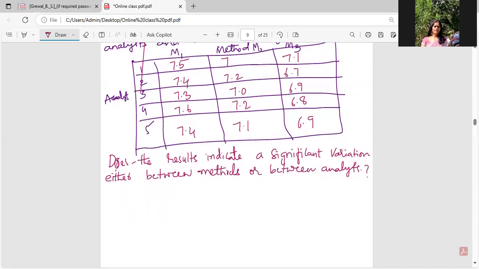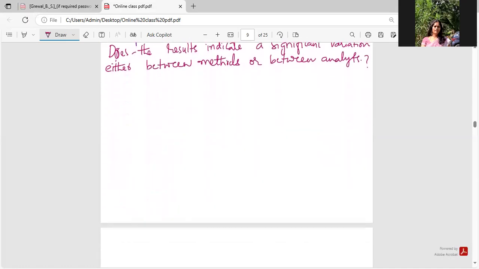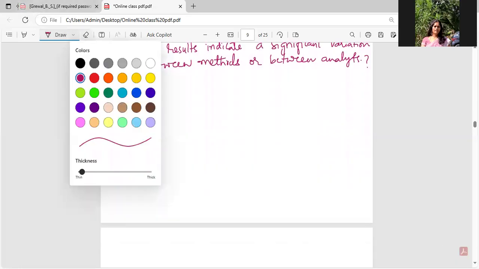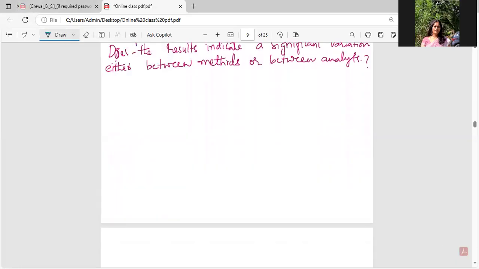So how do I solve an ANOVA two-way question? As always, whenever I'm checking a hypothesis, I'll be setting my null hypothesis and alternate hypothesis. Here, I'll have a null hypothesis for A and a null hypothesis for B as well. Null hypothesis for A would be that there is no significant difference between the analysts.